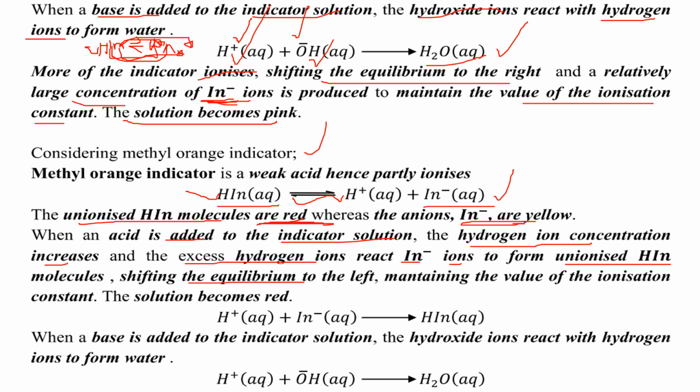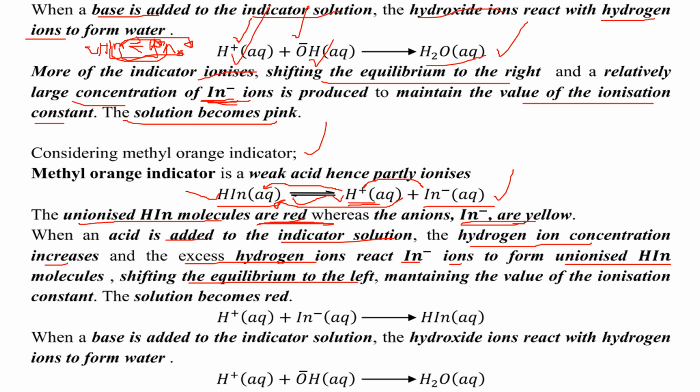So shifting equilibrium to the left. If we have excess hydrogen ions, to restore equilibrium, this reaction has to be reversed. So equilibrium has to shift to the left, and therefore more of this will react with this to form back this, meaning that you are going to have excess of HIn molecules in solution.